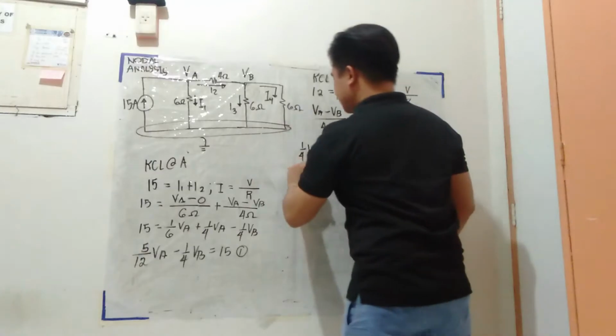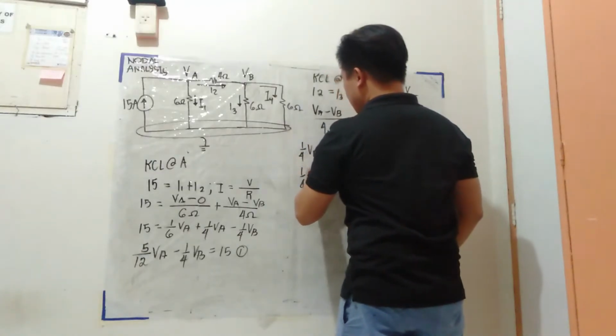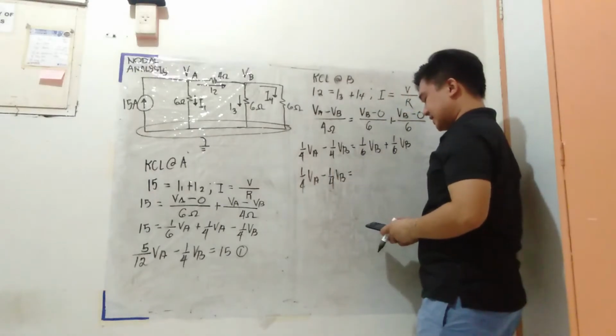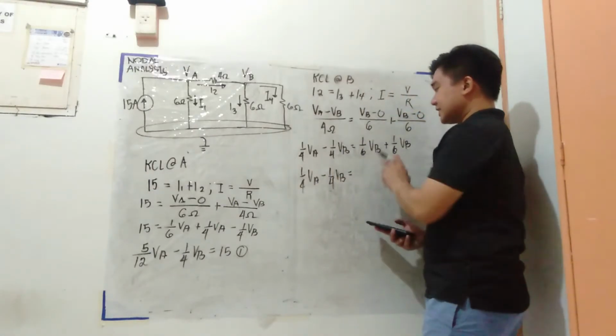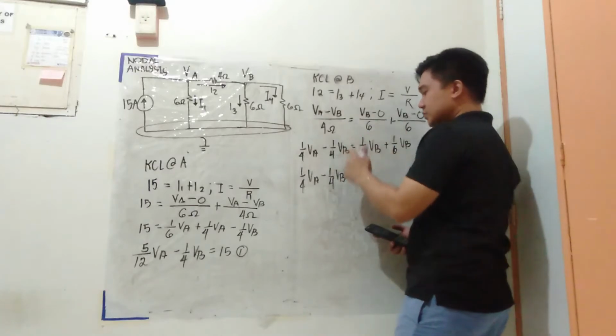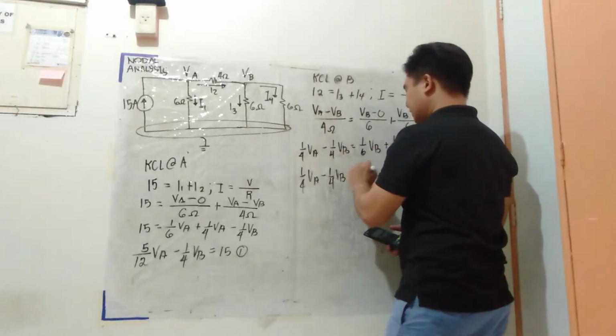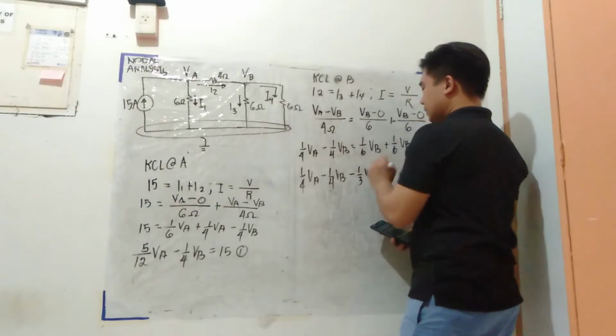Okay? So this is 1/4 VA minus 1/4 VB. 1/6 plus 1/6, that's 1/3 VB transpose. So, minus 1/4 VB minus 1/3 VB equals 0.